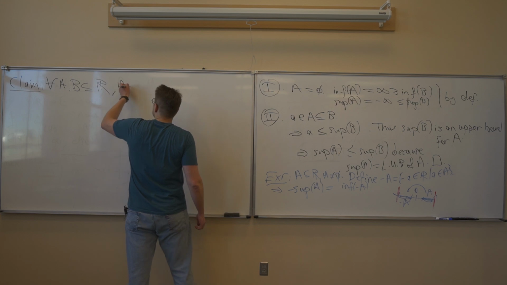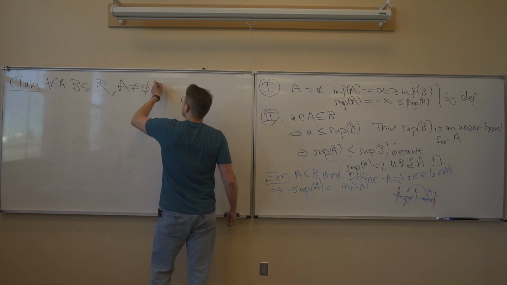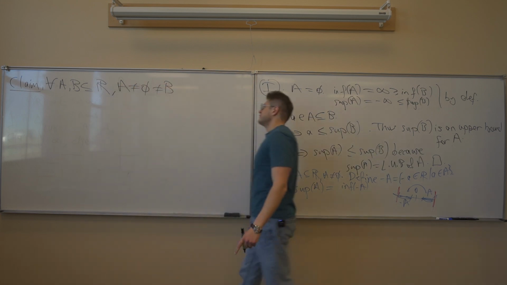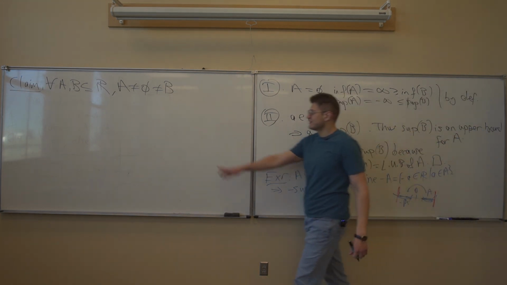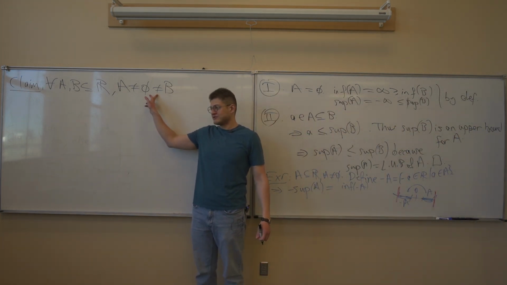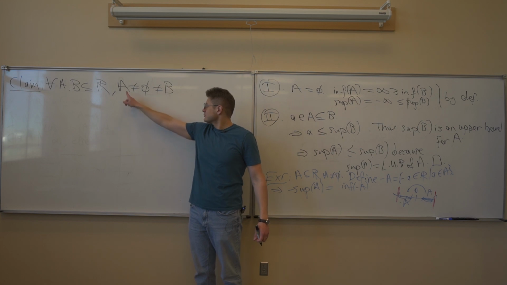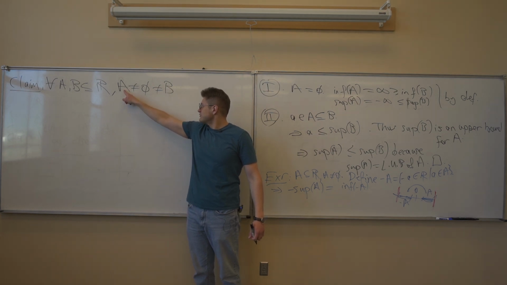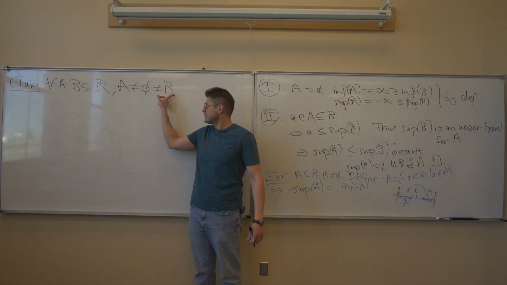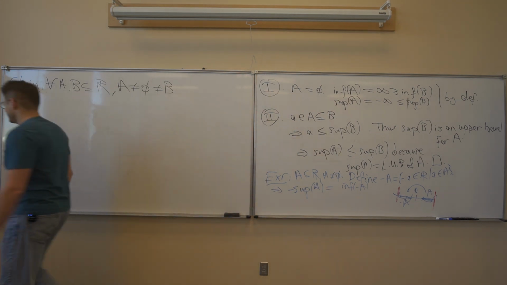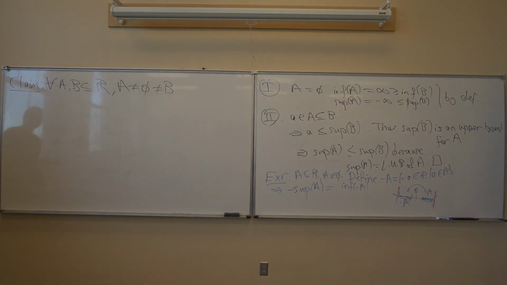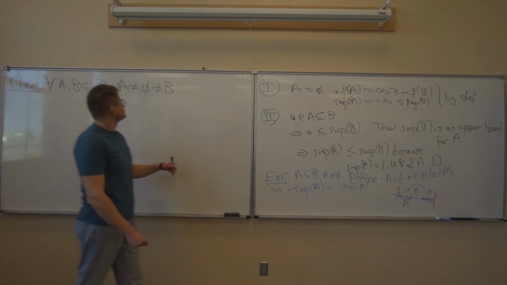Let's say that neither of them is the empty set. And while we're at it, the relation of not being equal to is not a transitive relation. Just because this is not equal to this and this is not equal to this, I'm not saying that this is also not equal to that. They could be equal, after all.